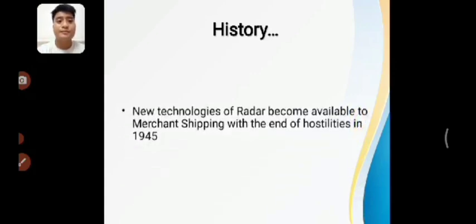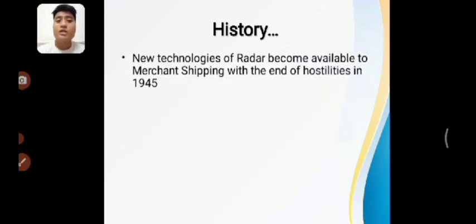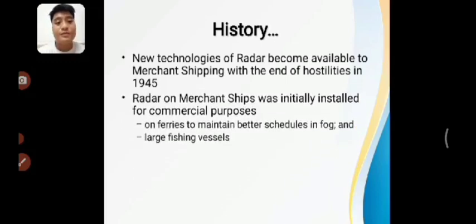History: new technologies of radar became available to merchant shipping with the end of hostilities in 1945. Radar on merchant ships was initially installed for commercial purposes, on ferries to maintain better schedules in fog, and on large shipping vessels.